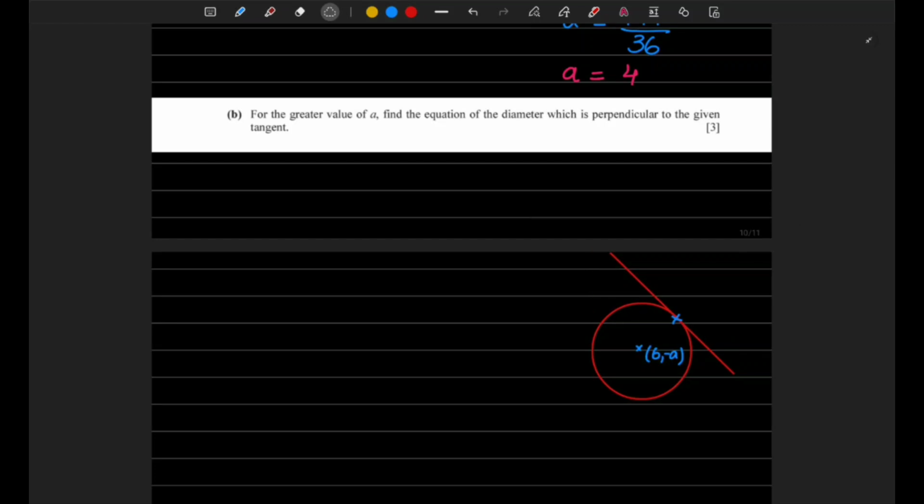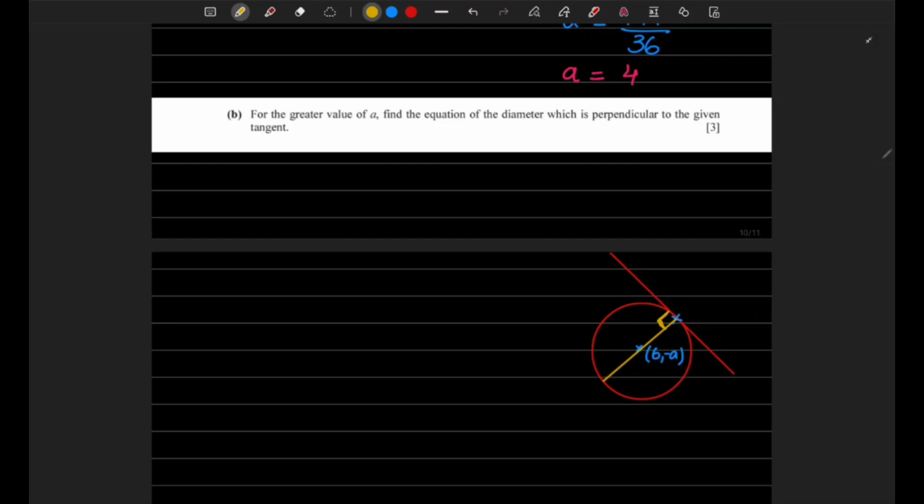This is your tangent and they need the equation of the diameter that is perpendicular. The diameter could be anywhere, but they need the diameter perpendicular to the given tangent. That means you need to find the diameter at this point of tangency.